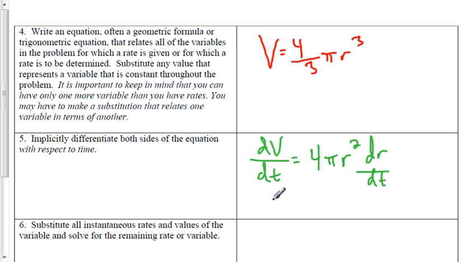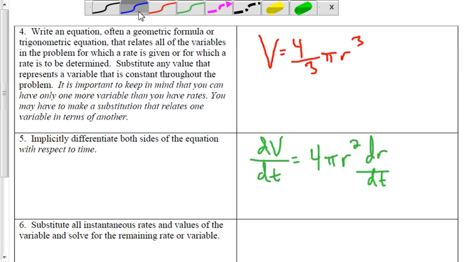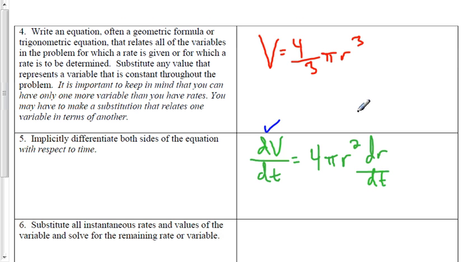I have a couple unknowns here: dV/dt, dr/dt, and r, but they tell us 2 of them. So what do they tell us? They tell us dV/dt is 230 pi cubic centimeters per minute, and the radius they tell us is 4.